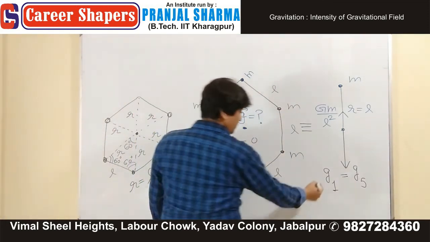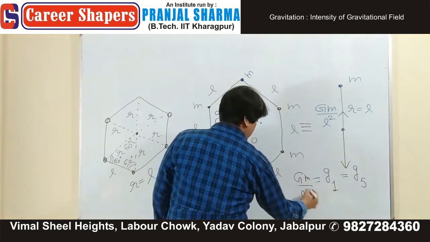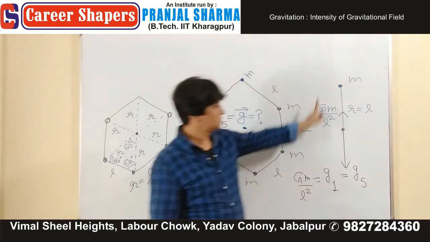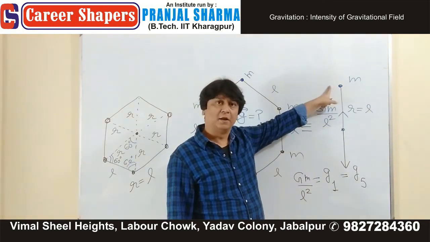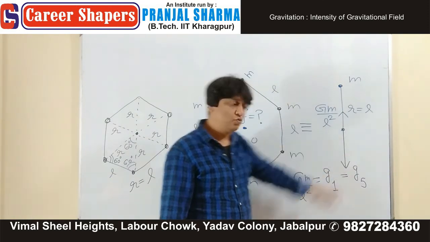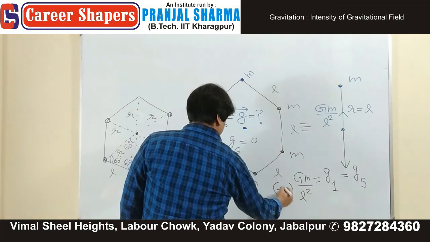And G of 1 is what? GM divided by L square. Now remember, what is the direction? Not this. तो ये प्रेजेंट नहीं है. किसका फील्ड पूछा गया था अपने से? 5. कहां है वो? डाउनवर्ड्स. So what is the direction? Minus of J cap.